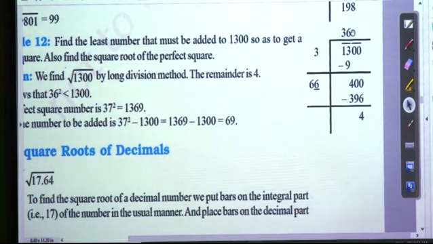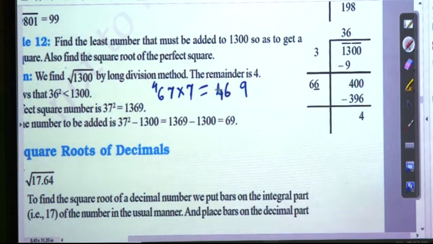66 times 6 becomes 396. Why 66 times 6? Because if we take 67 times 7, 7 times 7 is 49, carry 4, 7 times 6 is 42, 42 and 4 is 46, means it becomes 469, which is greater than 400.